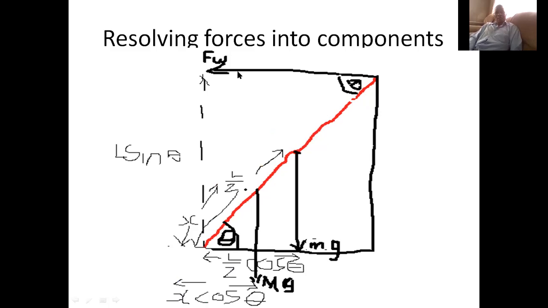The other one we can resolve into components is this force here, which is Fw, the force exerted by the wall on the ladder. This force also, especially considering that this angle here is alternate to this one here, means that angle theta here is the same as angle theta.